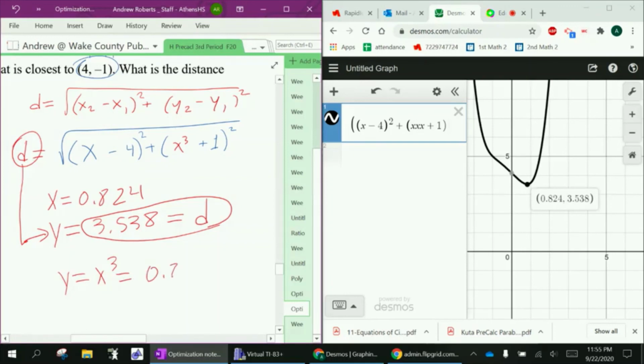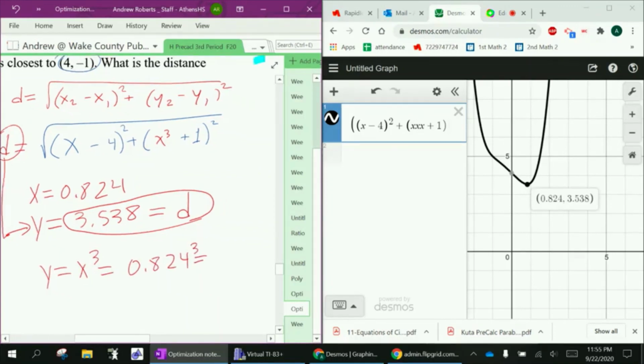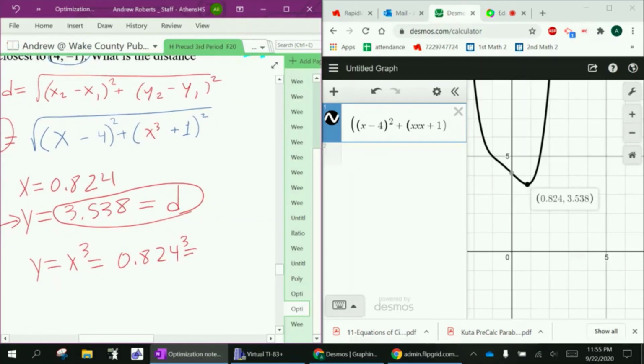So 0.824 cubed is going to give me 0.559.